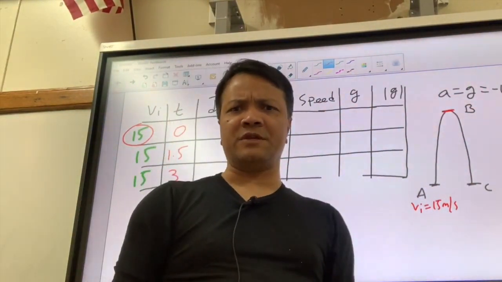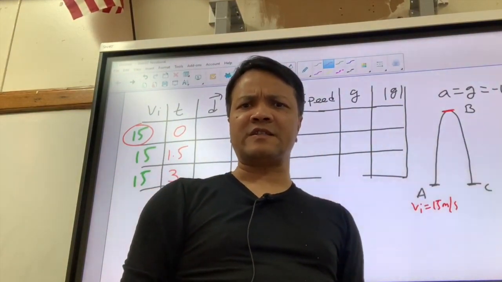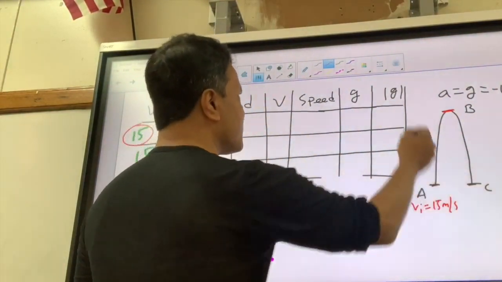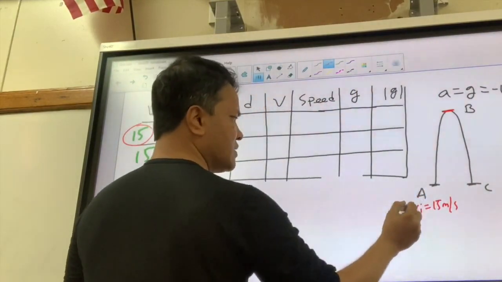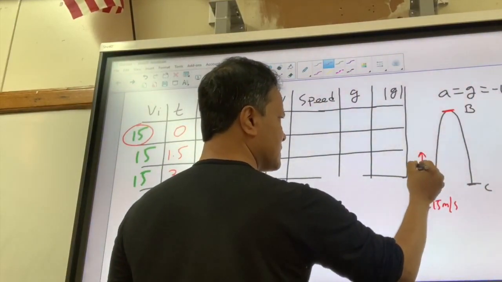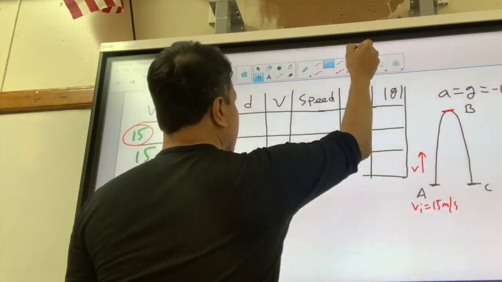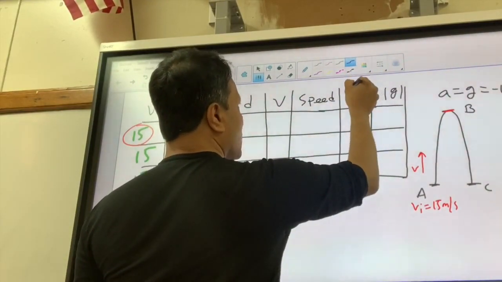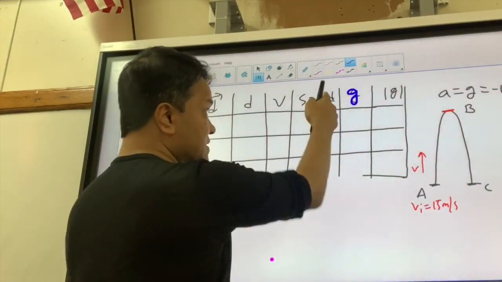What am I talking about when I say it fights with acceleration due to gravity? Here's what I'm talking about. This is red, so this is a velocity vector. I'm going to make acceleration blue, so this is the acceleration vector.